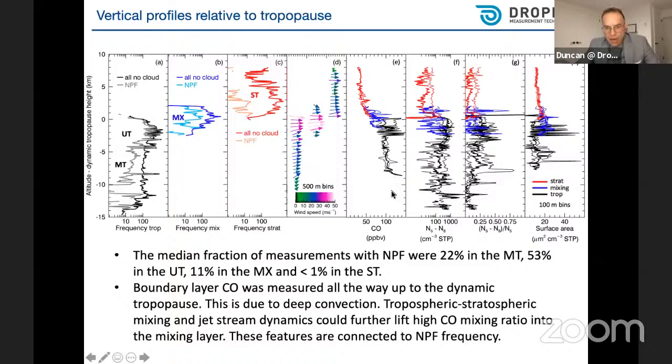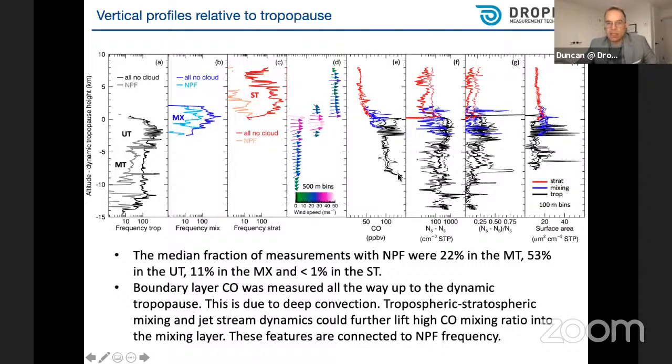What's important here, we see CO mixing ratio greater than 100 parts per billion in the lower to mid troposphere. But look at the mixing layer and the upper troposphere. We see high concentrations of CO that are comparable in value with those measured in the middle troposphere.